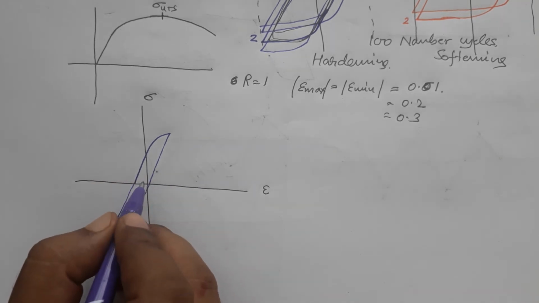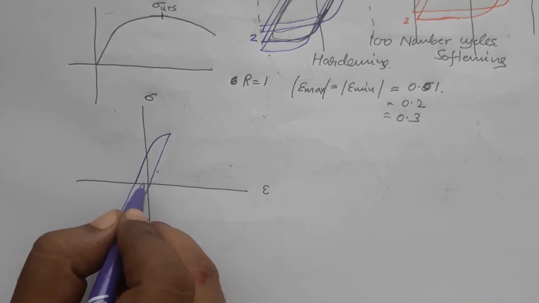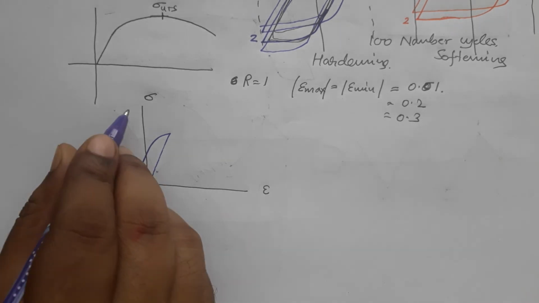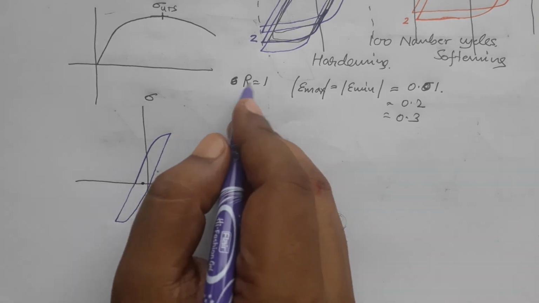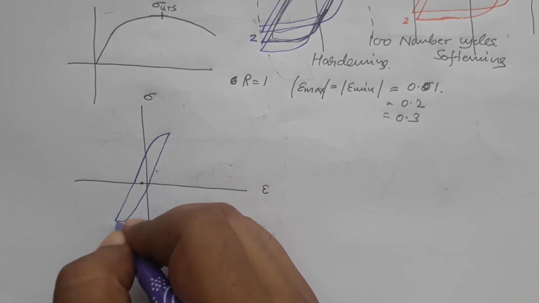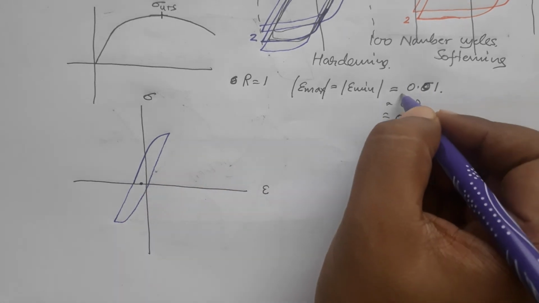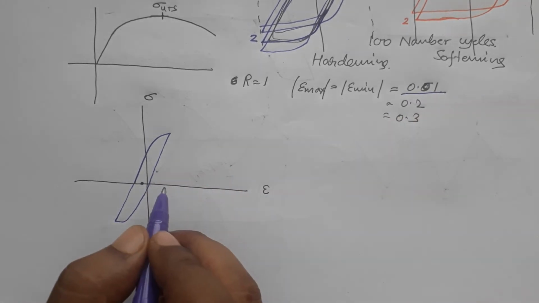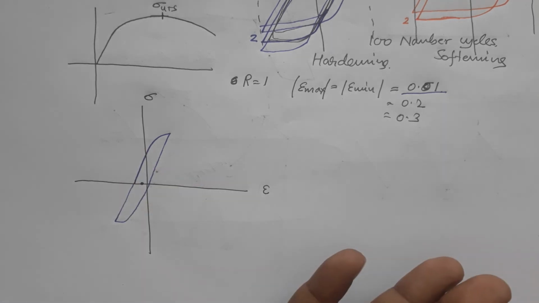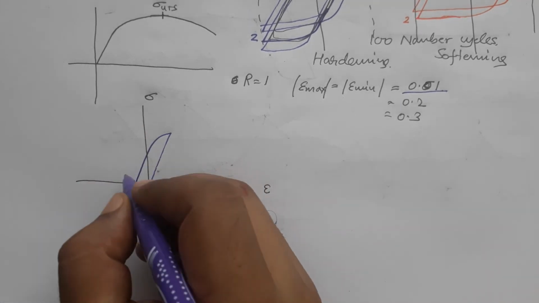It should have been, so the y-axis should have been at the center. Okay. So imagine that the y-axis is going through the center, because my R is 1. So this is for this one, and this is the loop which has stabilized. So after this there is no hardening and softening.